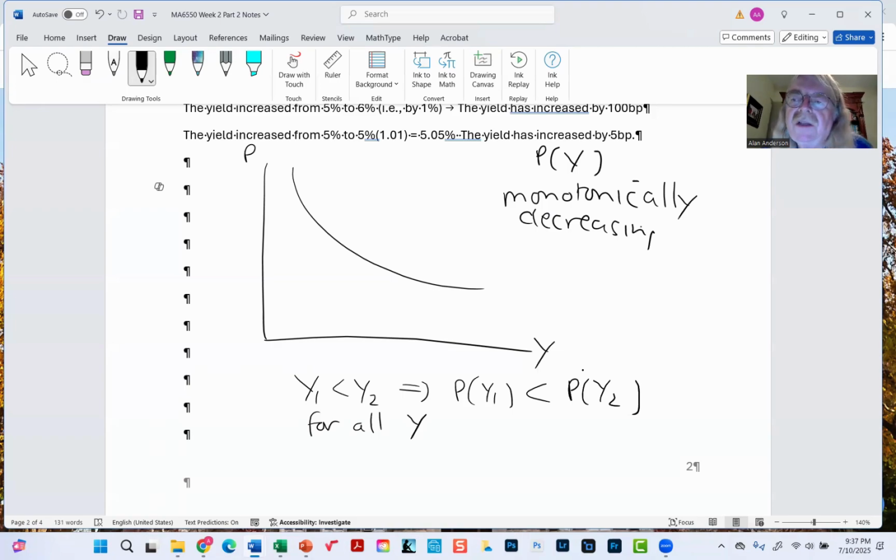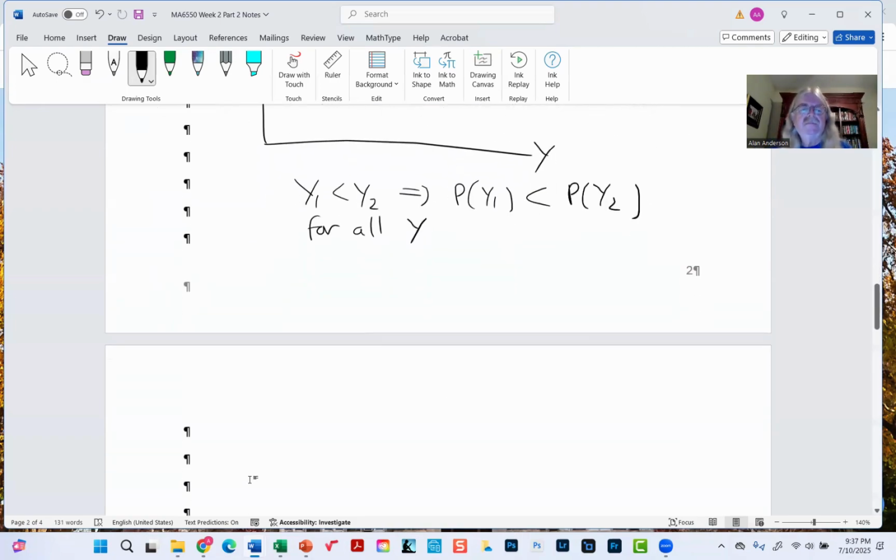So why does this matter? Because this guarantees, and it doesn't have to be monotonically decreasing, either way, as long as it's monotonic, the function is guaranteed to have an inverse.